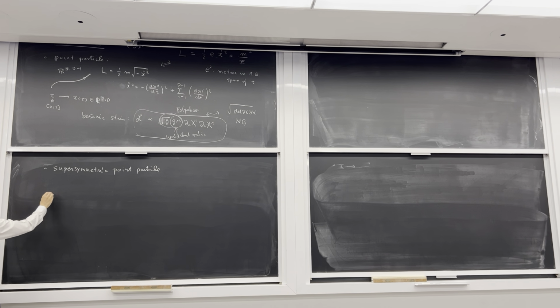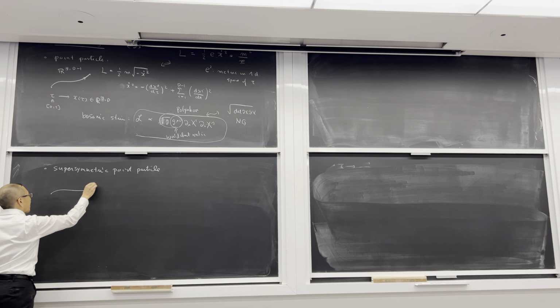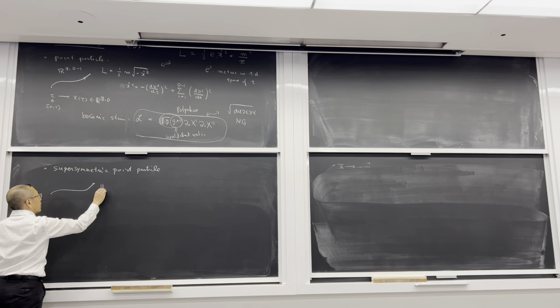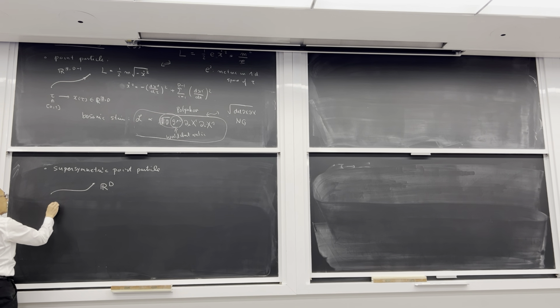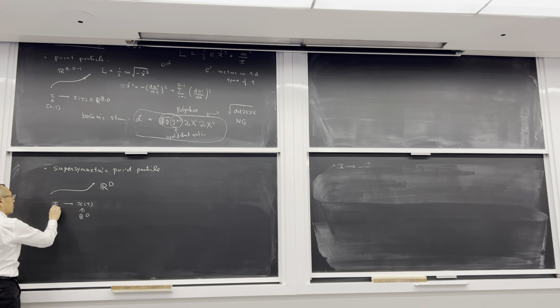So what we consider is again some map into d-dimensional space, where tau is mapped to x(tau) in d dimensions.